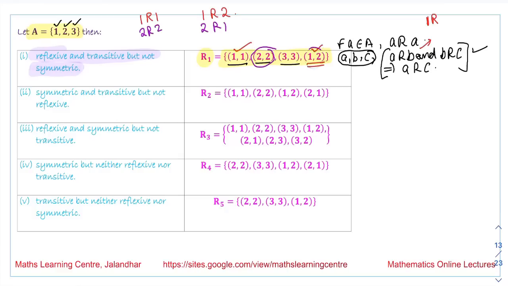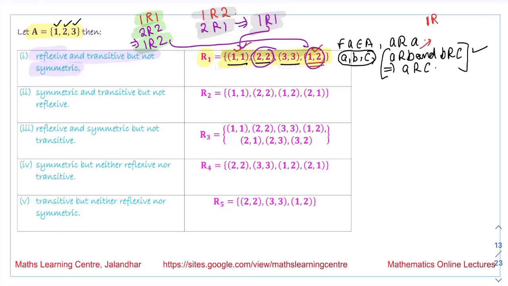If 1 is related to 1 and 1 is related to 2, then 1 is related to 2. If 1 is related to 2 and 2 is related to 1, then 1 is related to 1.